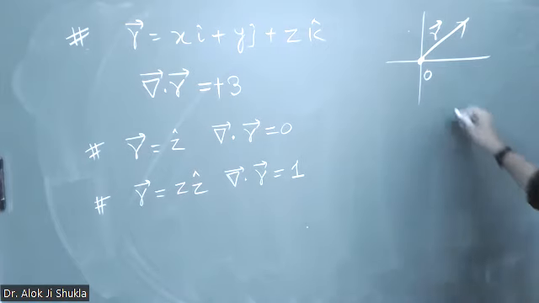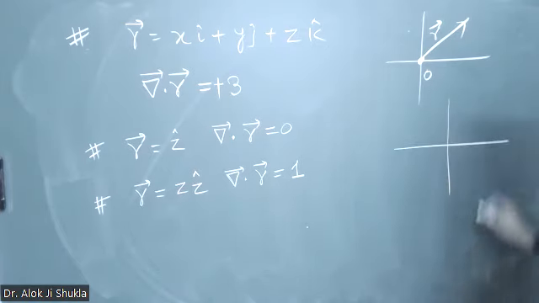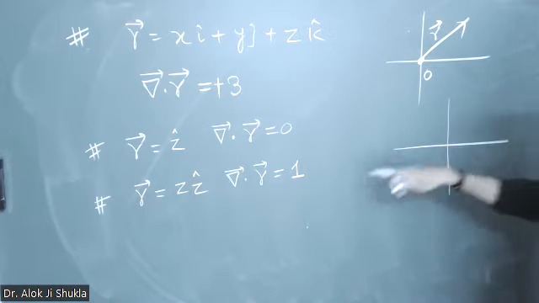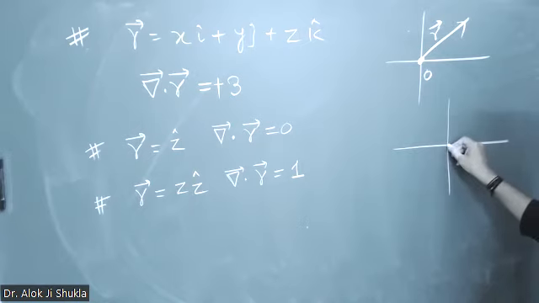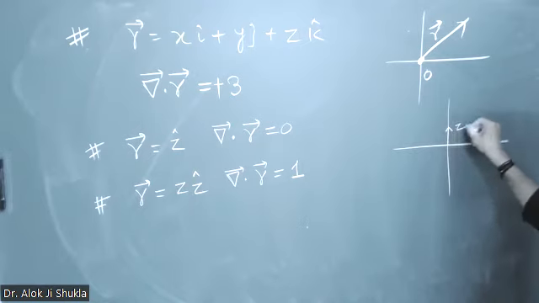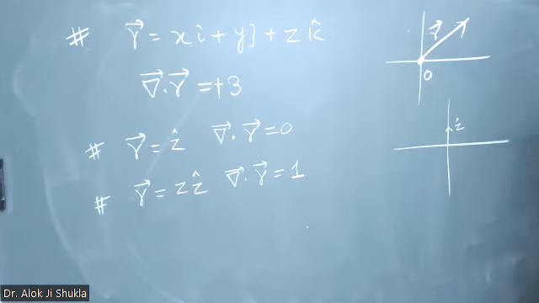Z cap is just a unit vector in this direction. So the direction in which z is increasing the fastest.